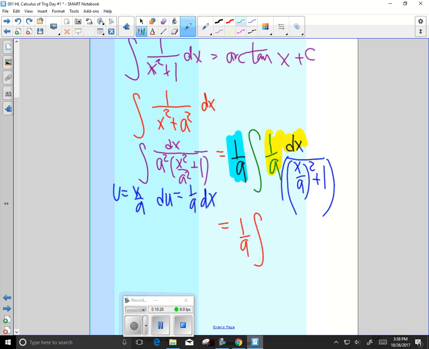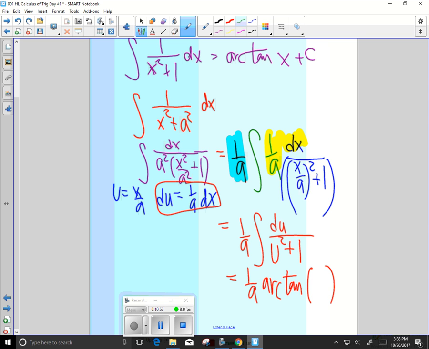This yellow part is the same as du over x over a squared is u squared plus 1. And we said that du over u squared plus 1, or 1 over x squared plus 1, was 1 over a arc tangent of u, which is x over a.